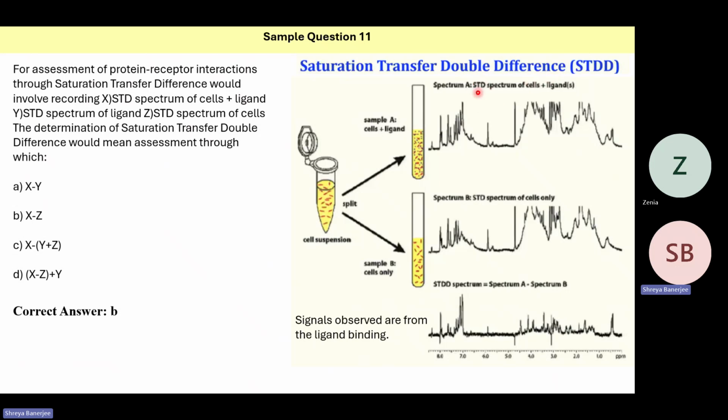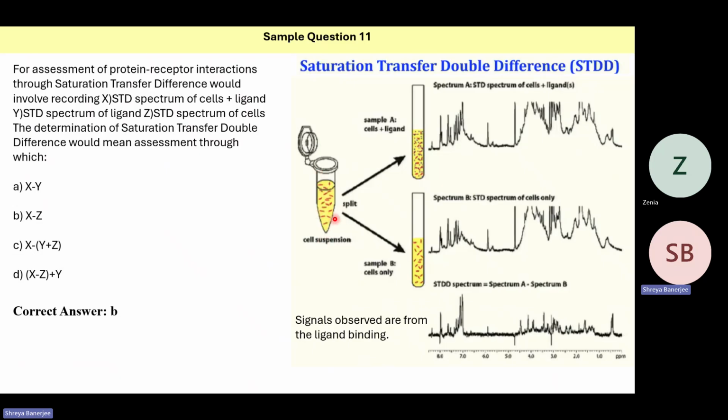So suppose we are not able to separate the protein from the cell. It is a protein that is within the membrane or something. We are not able to separate it from the cell.